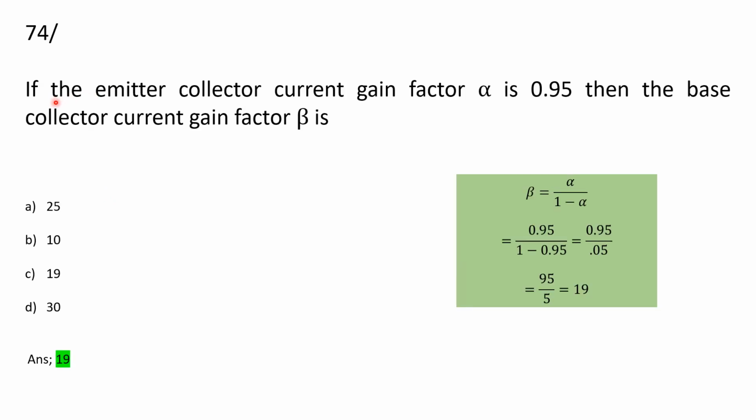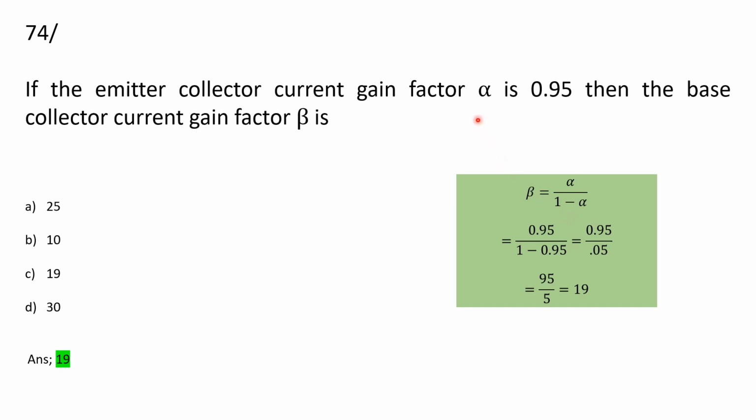And then if the emitter collector current gain factor alpha is 0.95, then the base collector current gain factor beta is what? The options are 25, 10, 19 and 30. So we know the relation between beta and alpha as beta is equal to alpha by 1 minus alpha.